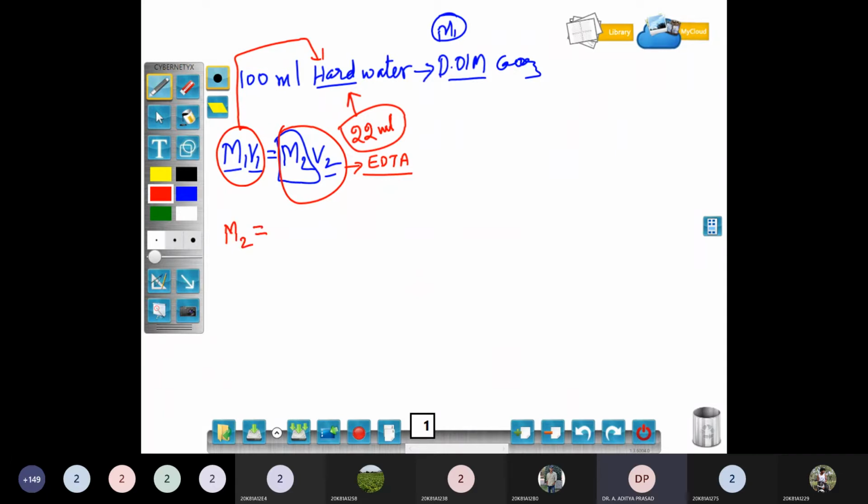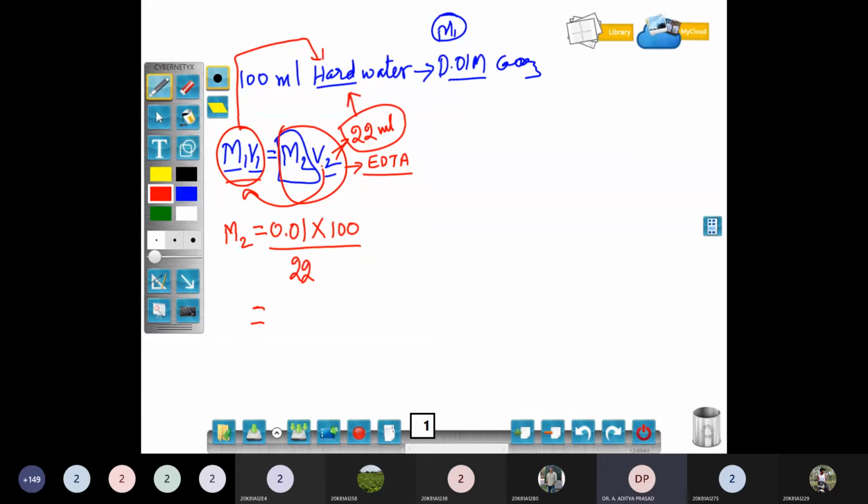M2 is equal to, you already know M1 is 0.01 molarity, into V1, the volume of hard water, that is 100 ml, divided by V2. We send V2 to the other side, so it is divided. V2 is 22 ml.